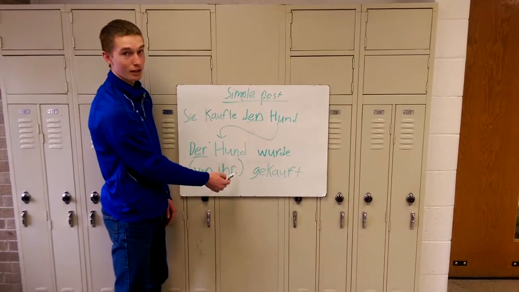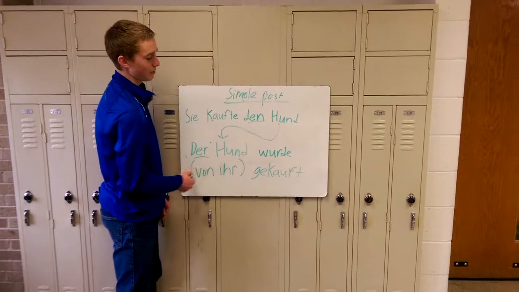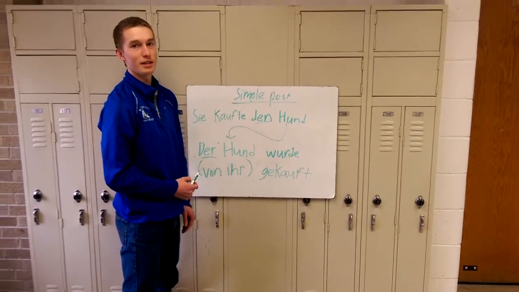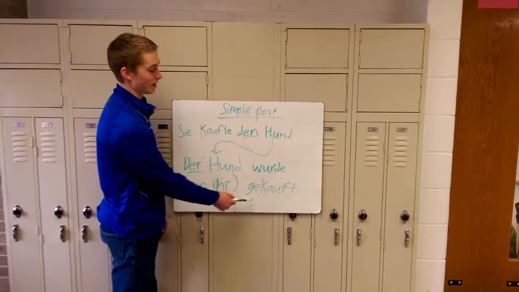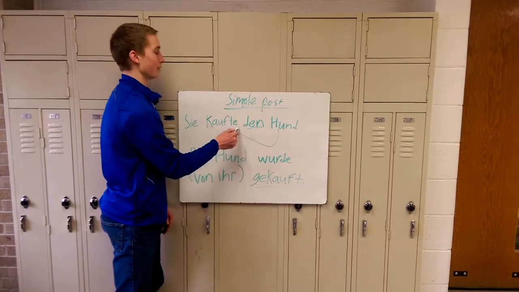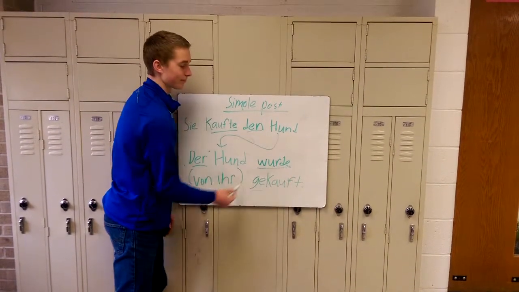And the von ihr, which would say who the subject was, does not actually need to be included, and wurde gekauft, because it is in the simple past, and this is the past participle version of this verb, and wurde for past tense.